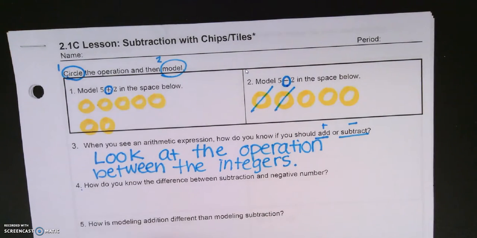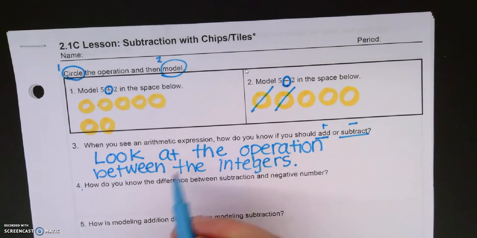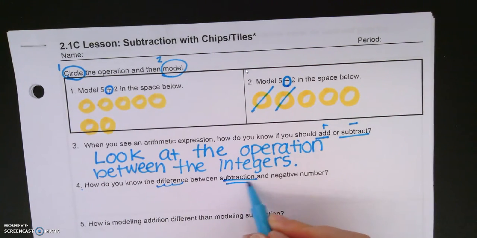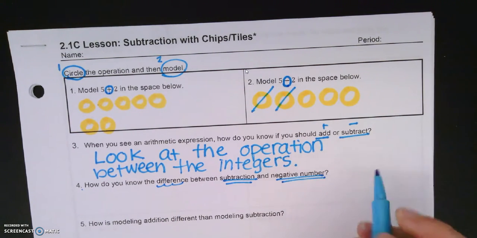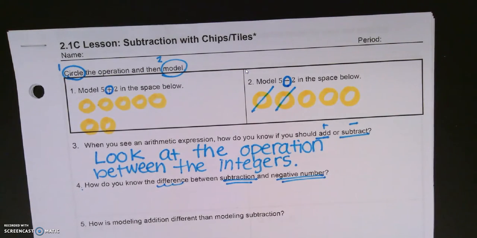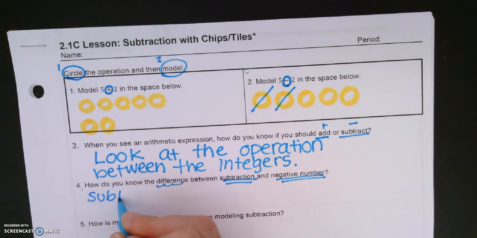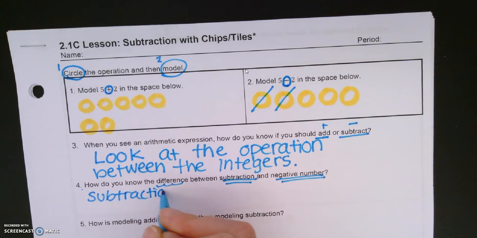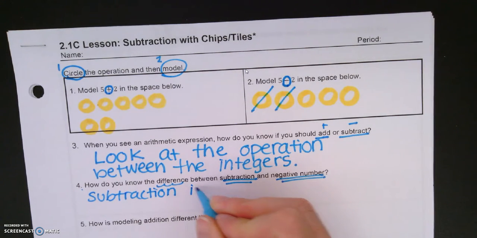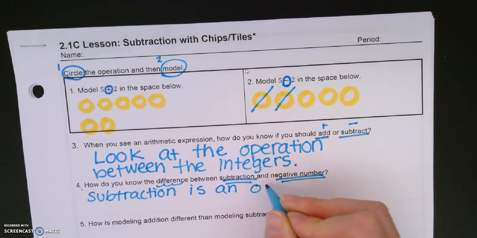Let's look at number 4. Please track. How do you know the difference between subtraction and a negative number? This is something that's really important for us to focus on, so we know if we're subtracting, taking away from our model, or if we have a negative number, meaning we need filled in chips. Subtraction is one of those arithmetic operations. So subtraction is an operation.